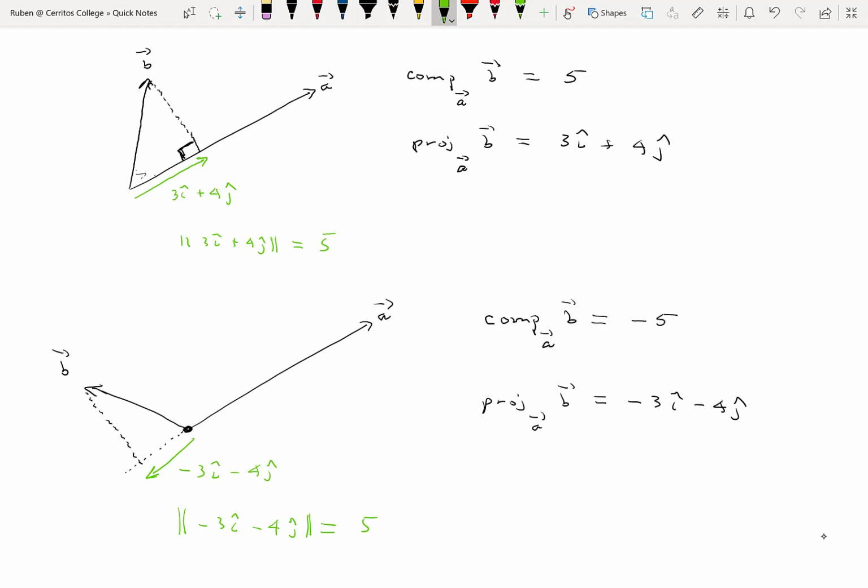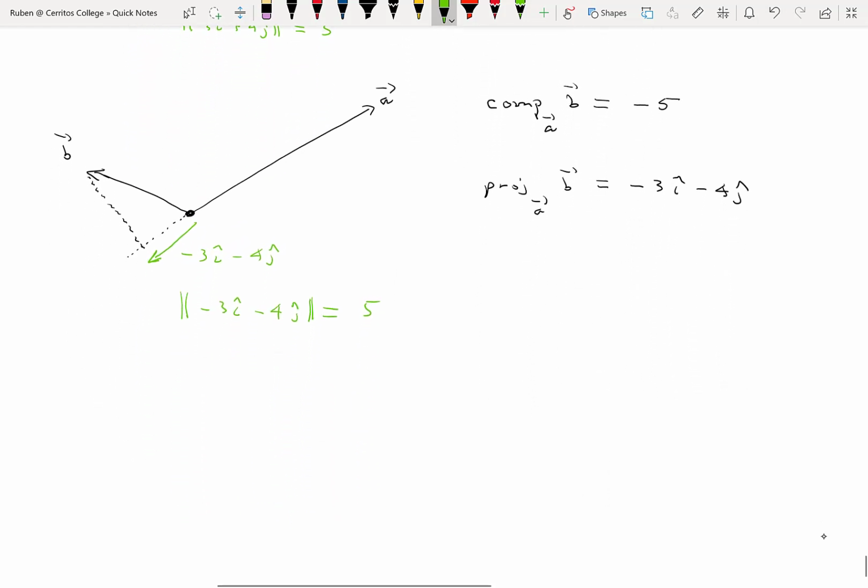The component being positive or negative depends on whether the angle between the vectors A and B is less than 90 or greater than 90. If the angle is more than 90, but less than 180, then the component is negative. The component is positive if B projects directly onto A, if the angle between the two vectors is less than 90.